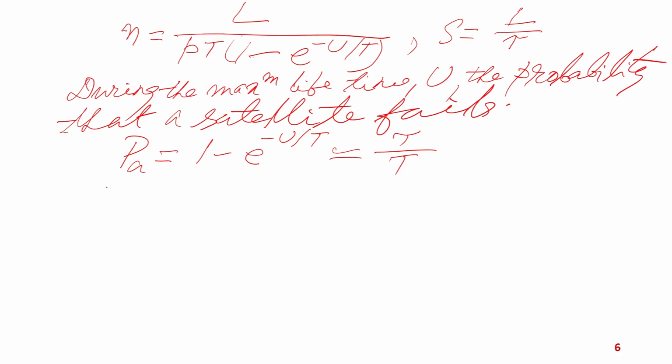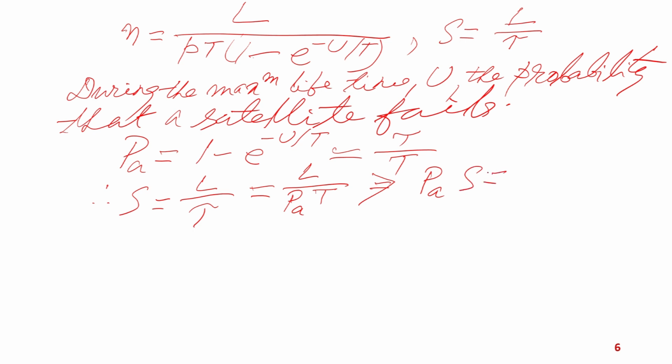So, I can write S is equal to L by tau, and this will be L divided by P A into t, which means that P A into S is equal to L by t.